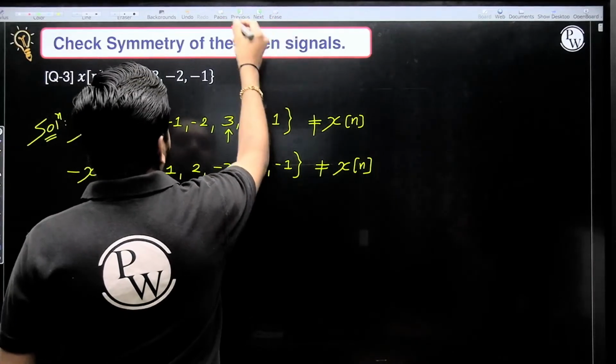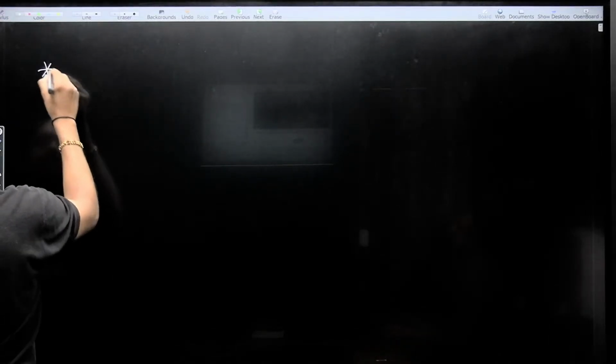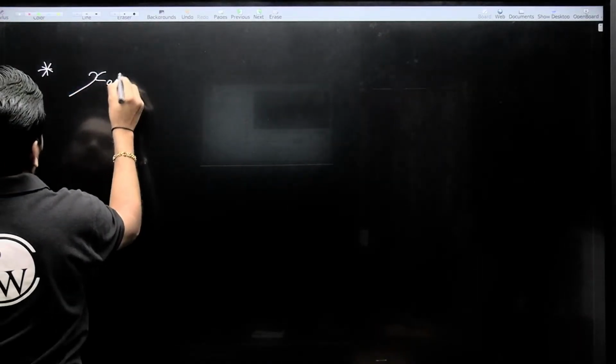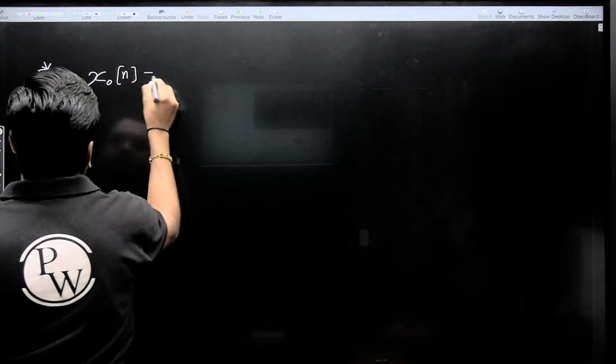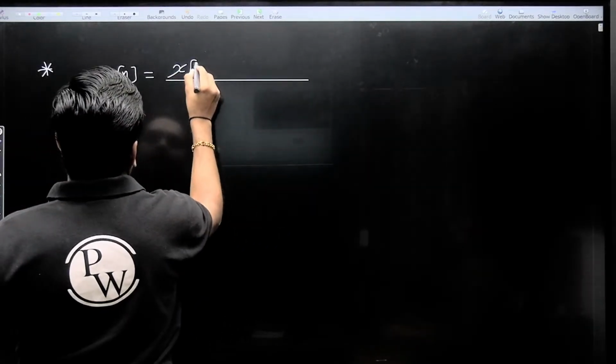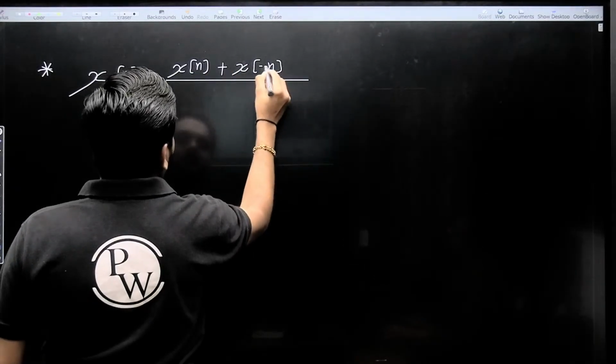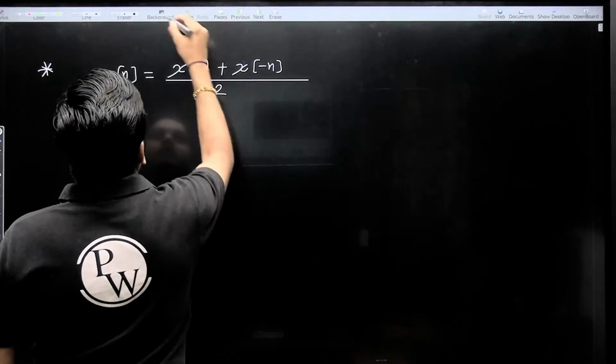Now see why it is. How to find the odd signal? The odd signal is given by x of n minus x of minus n whole divided by 2.